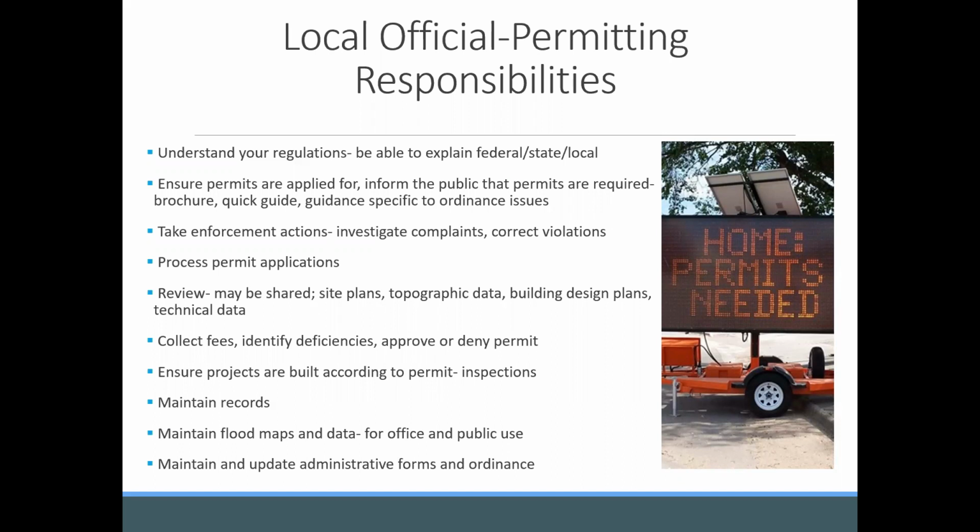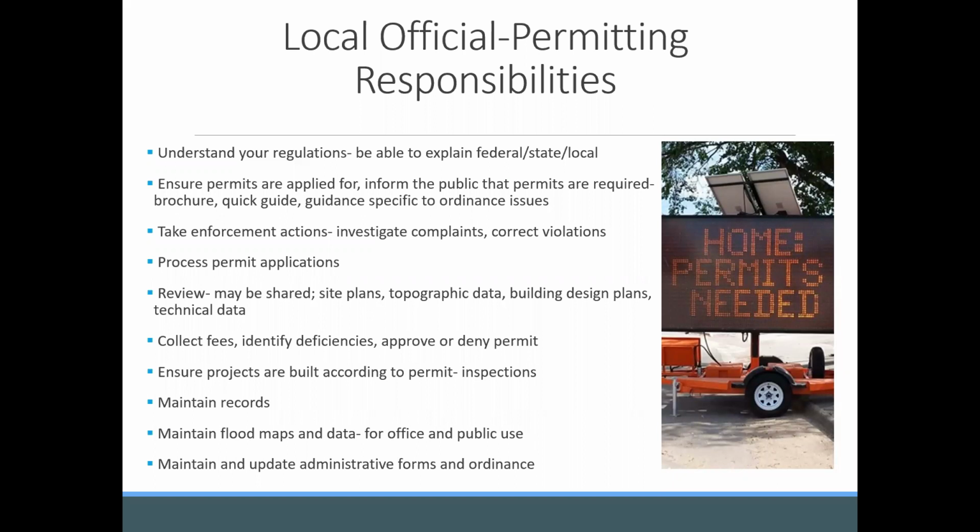That, and of course, correcting violations. So we have an enforcement process that we go through to notify property owners about a violation and then getting that resolved. And then we have this process for permit applications where we get an application, we review it, and then there's an inter-office review process. So I'll talk about that more in a second.